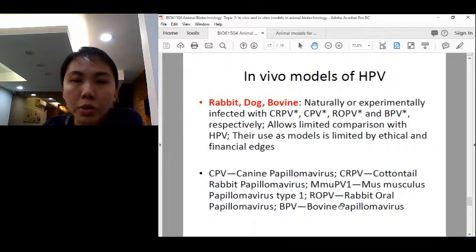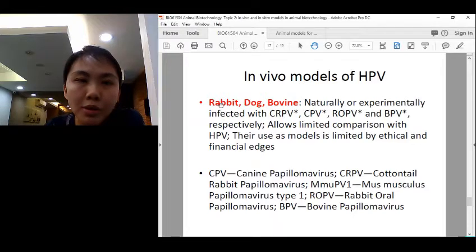We also have in vivo models for HPV in rabbits, dogs, and bovine, and they are naturally or experimentally infected with different types of papillomavirus strains. Their use as models is very limited by ethical and financial issues.